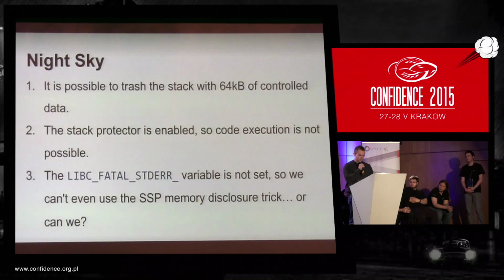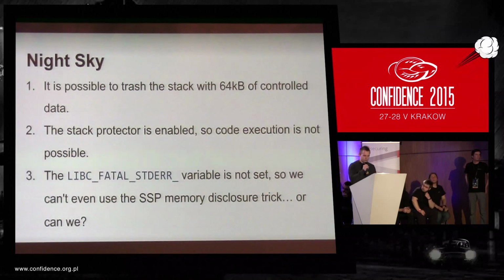So you could trash the stack with a lot of data, but you really couldn't control by how much. And since the stack protector was enabled, you couldn't overwrite anything meaningful, really. You couldn't get code execution because the stack protector would trigger before the return address.